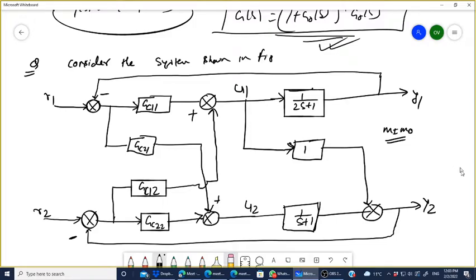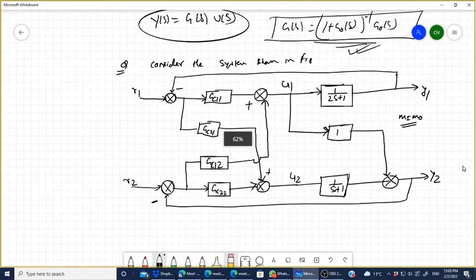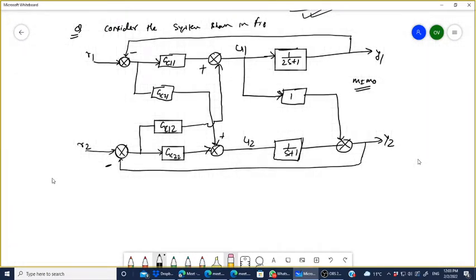And this circuit has a specific name. Let me minimize the board. This circuit is known as the series compensator, right? Series compensator.